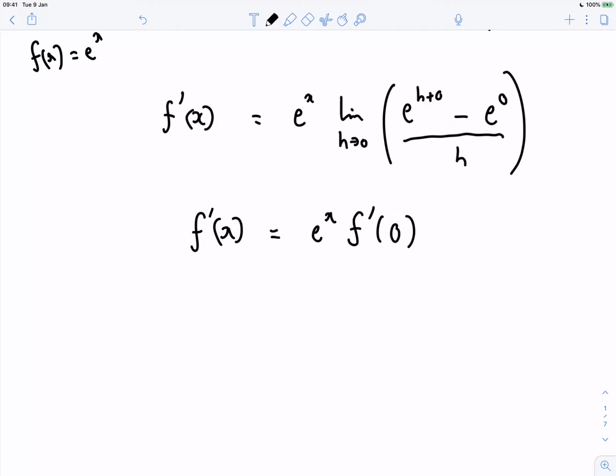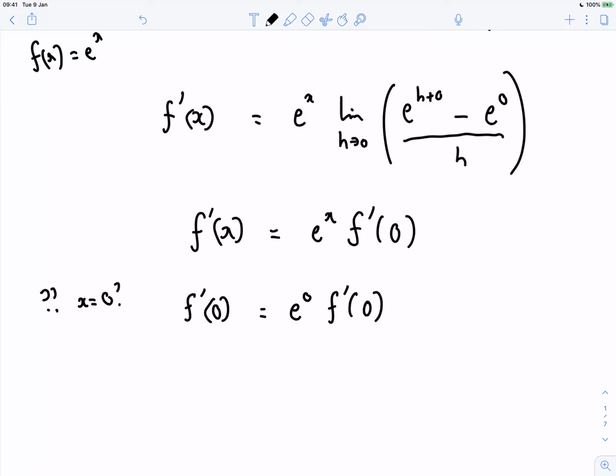The reason I say that is because, well, what does this become when x equals 0? Well, on the left hand side we've got f dashed of 0. On the right hand side we've got e to the 0, and we've also got f dashed of 0 already. Well, we're just showing that 1 equals 1 in this case, so it's fairly consistent.